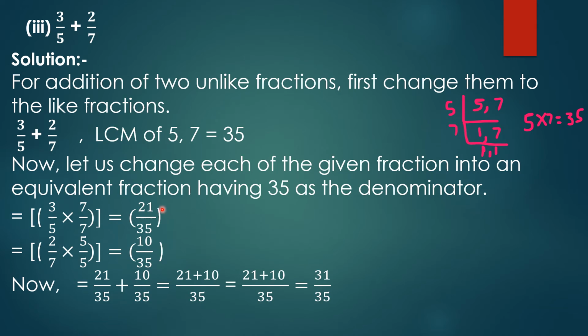Therefore now 21 by 35 plus 10 by 35, which is equal to, since the denominators are same, write down as it is and add the numerator, 21 plus 10, which is equal to 31 by 35.